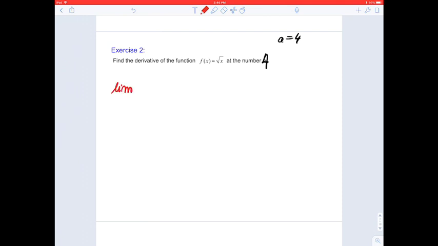That means I have to start with my notation. Derivative at 4 is defined as a limit as h goes to 0, f of 4 plus h minus f of 4 over h.